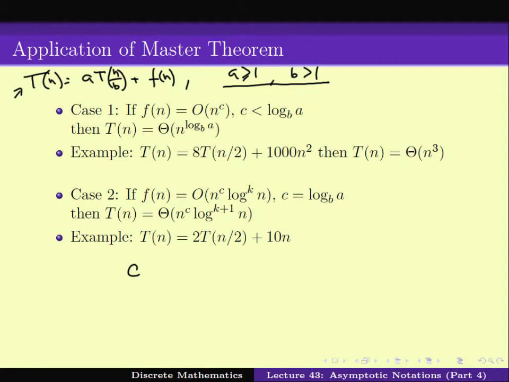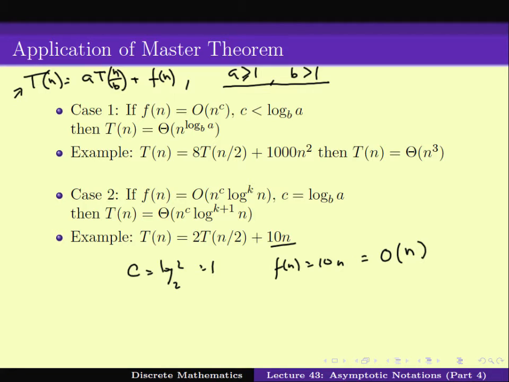In our expression, if T(n) equals 2 times T(n/2) plus 10n, c equals log 2 base 2, which is 1. And clearly f(n), which is 10n, is order of n. In fact, there is no factor of log.